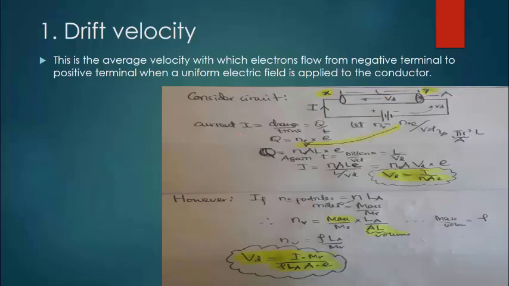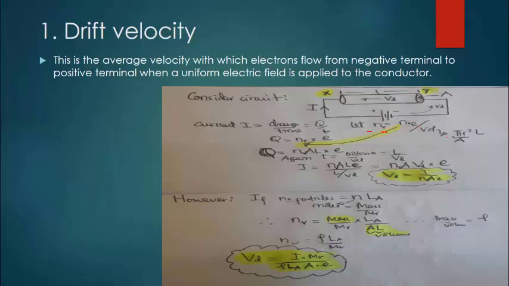So we know that current is the charge passing over an area per unit time. Let Nv be the number of charges per unit volume, that means the number of electrons per unit volume.